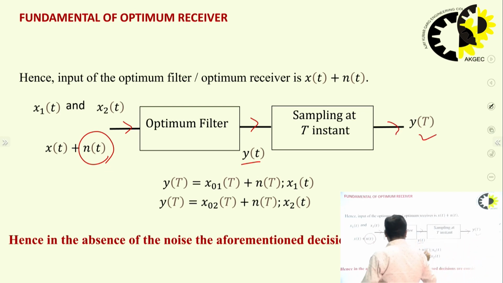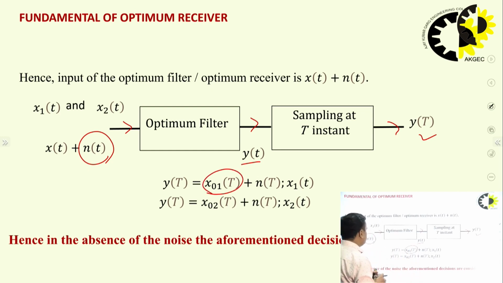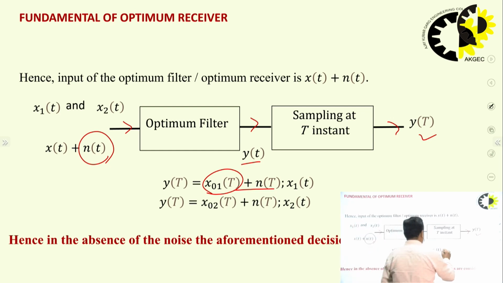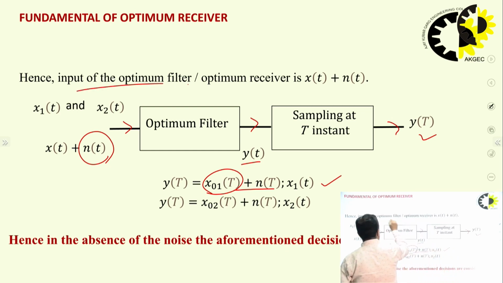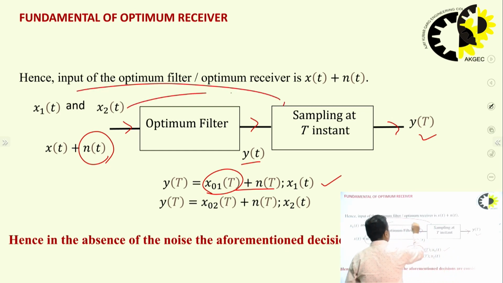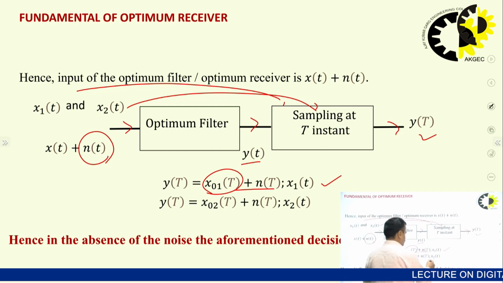So this y(t) is equal to what? xo1(t) plus n(t). When will we say this? When we say xo1(t) plus n(t), it is due to x1(t). If binary 0 we are considering, then it will be xo2(t) plus n(t). Okay, and then the decision will be taken.